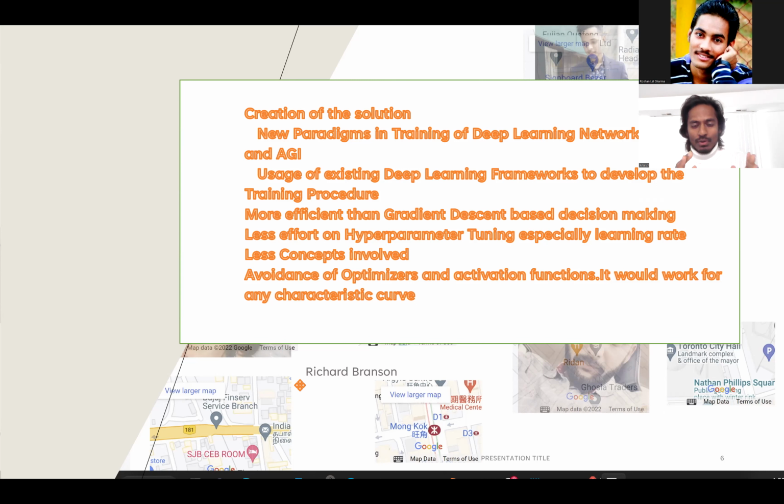But now I'm trying to say we are going to avoid optimizers and activation functions at the single DNA computer level, and it would work for any characteristic curve. So why do we need activation functions? We need activation functions to follow a characteristic. For example, ReLU or tanh or sigmoid, all these are characteristic curves.